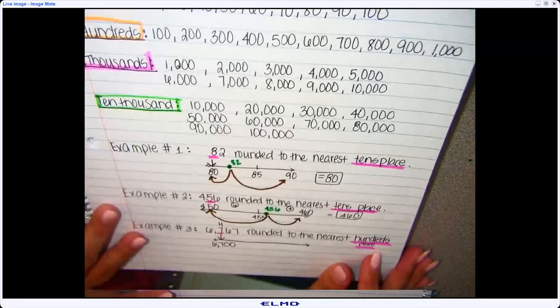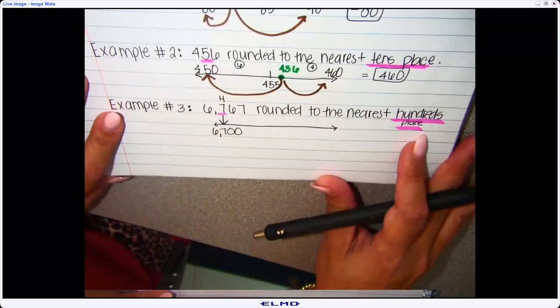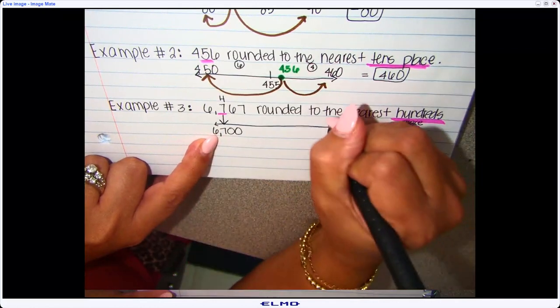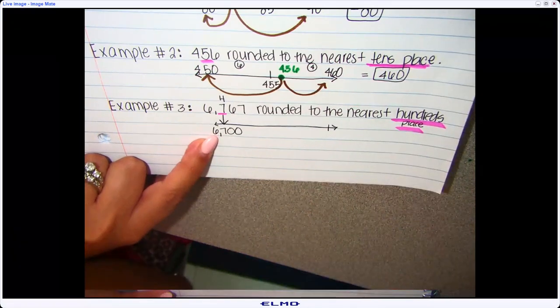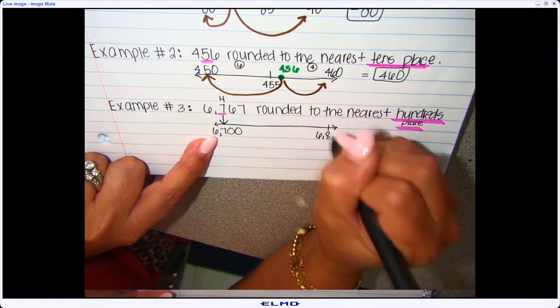I'm going to go back, look at my cheat sheet. When I count by hundreds, this is what it looks like. And I keep going and going until I get to this number. So if I'm counting by hundreds, what is next on my number line? Very good.